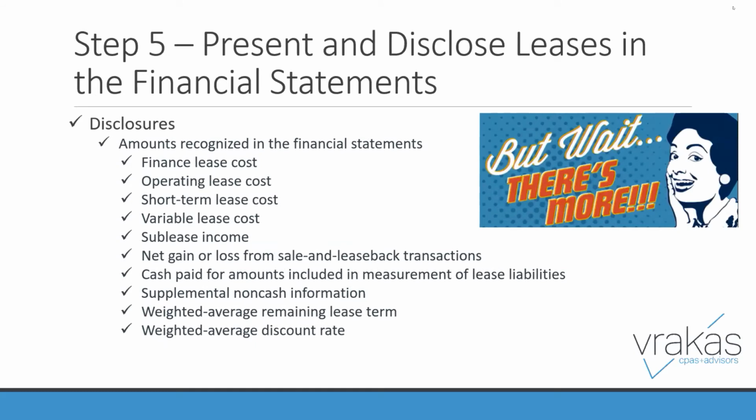There's more. Let's see, your financing lease cost has to be separated from your operating lease costs, also has to be separated from your short-term lease costs. And I think the 2 biggest ones down here that stood out to me were the weighted average remaining lease term as well as the weighted average discount rate. So those are currently not required disclosures, that would be new.